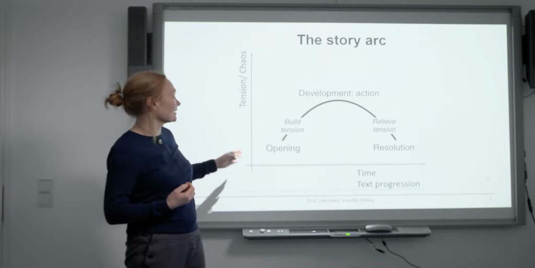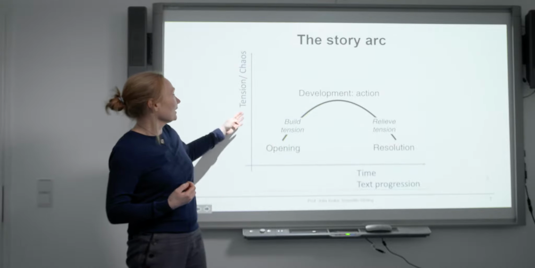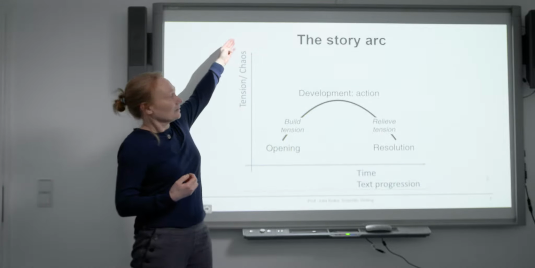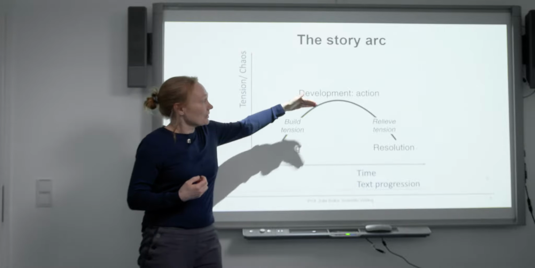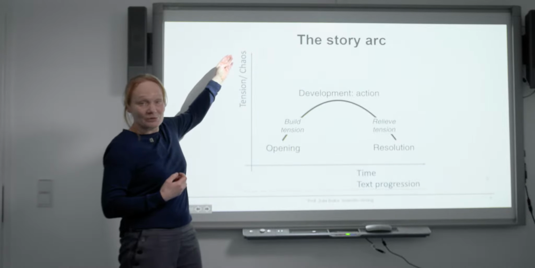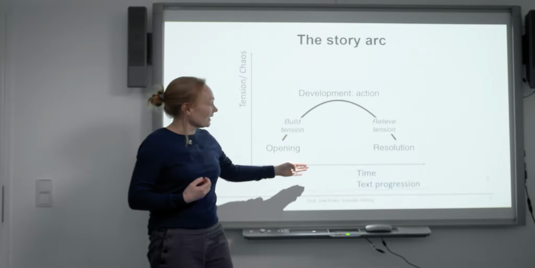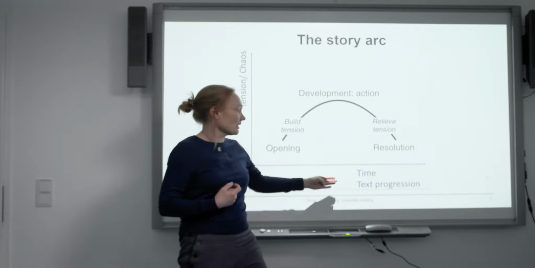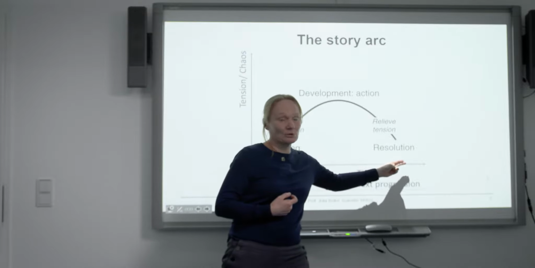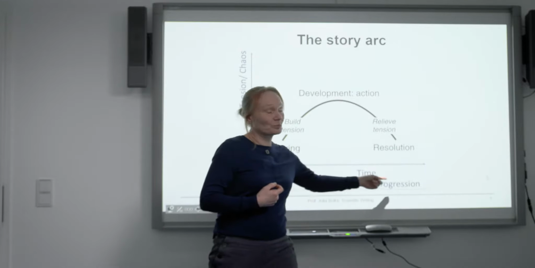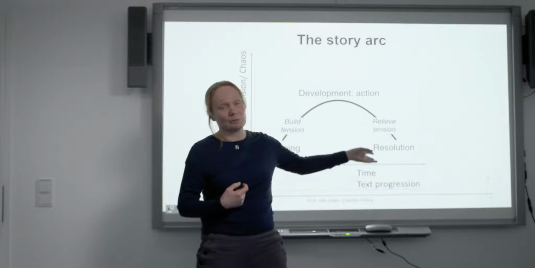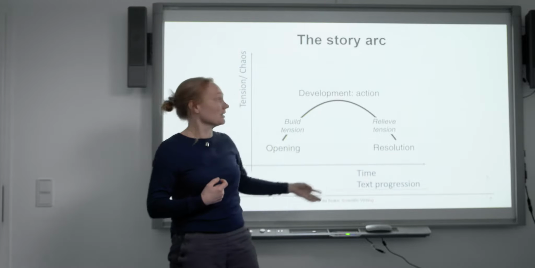Typically, if you have the opening, the tension growing, and you don't have a resolution, like you don't go down again, then you end up in chaos. Or if you have the opening and you don't get the resolution, and time goes on, then it's just progression and you will probably be bored and put the book aside or turn off the television.